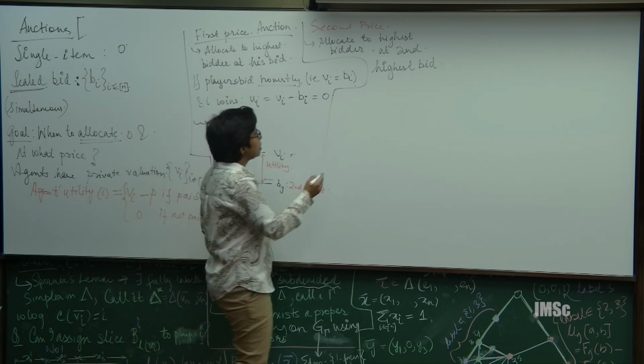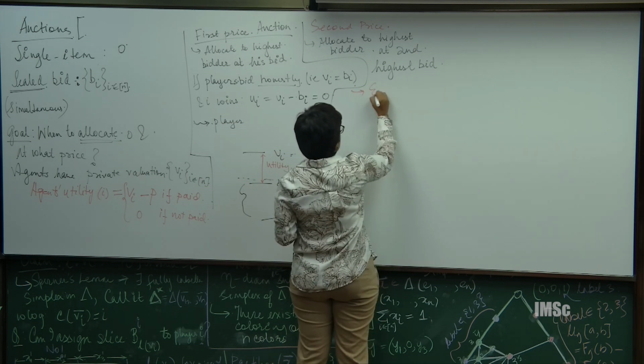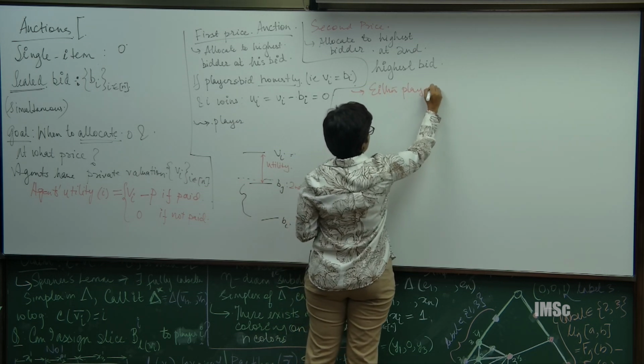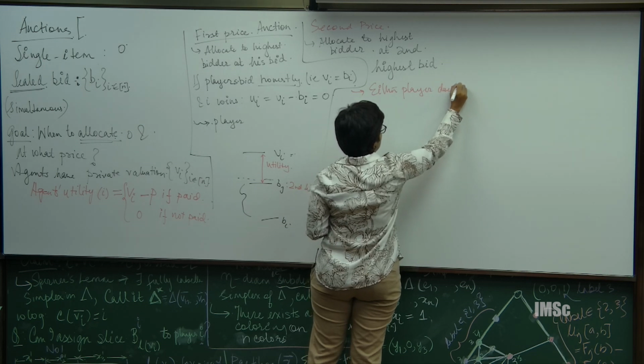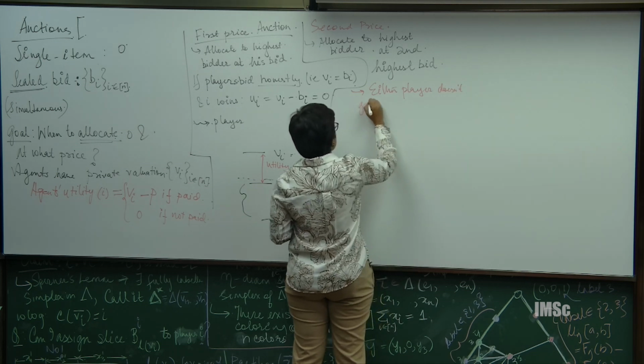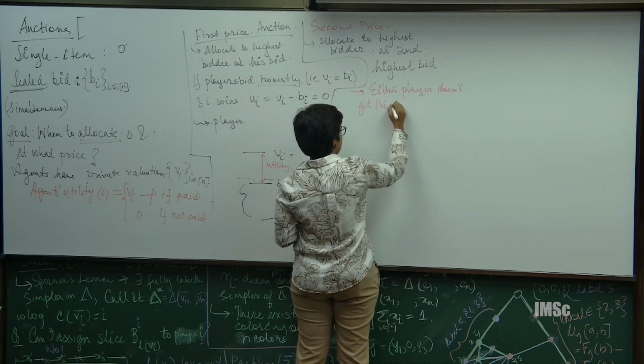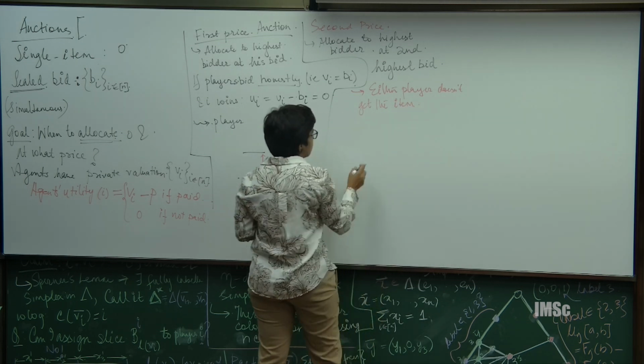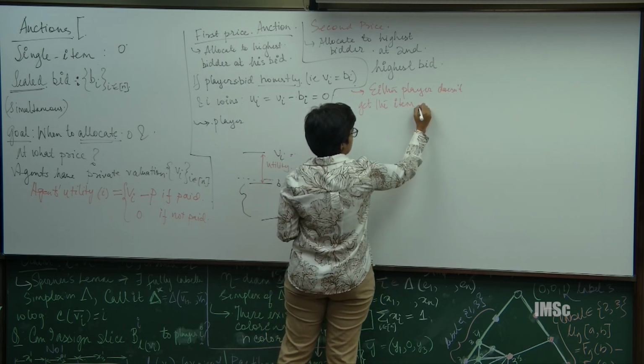So, now either a player does not win or does not get the item, let us say, it is sort of standard to say win, because it is like a competition term.